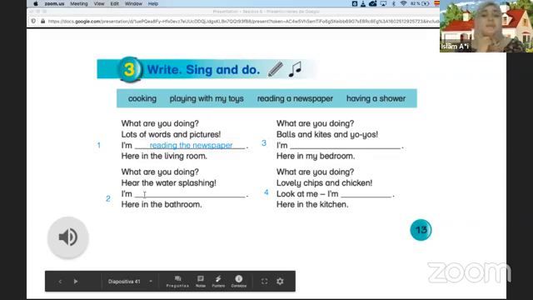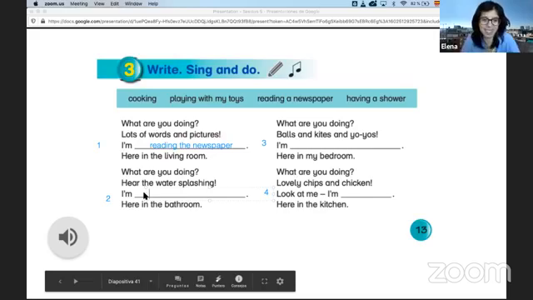Did she catch it from the song, or did she just get it from the context? I'm not sure. I think both would be fantastic. So is Sally right? Yes, she is. Great. I'm reading the newspaper here in the living room.